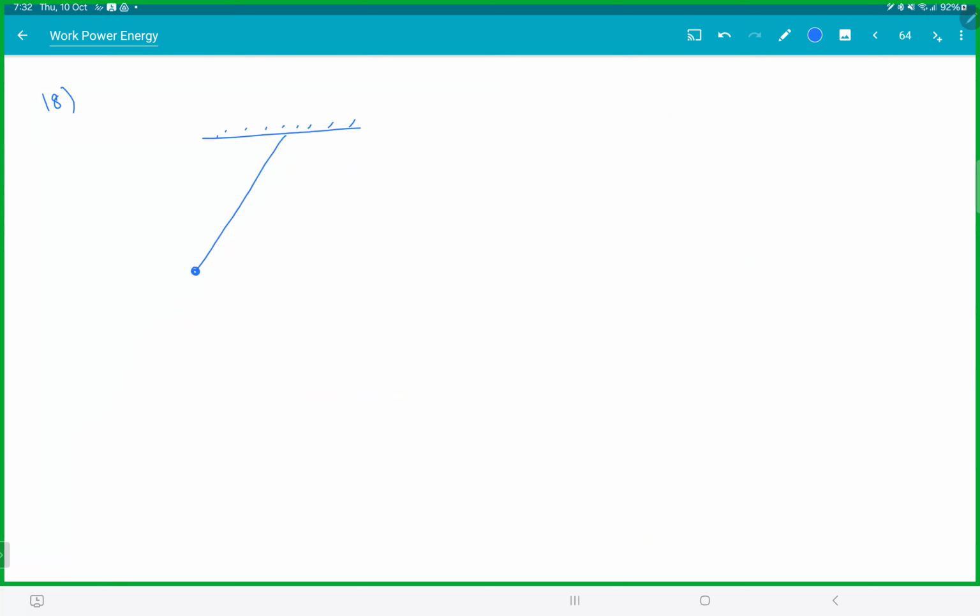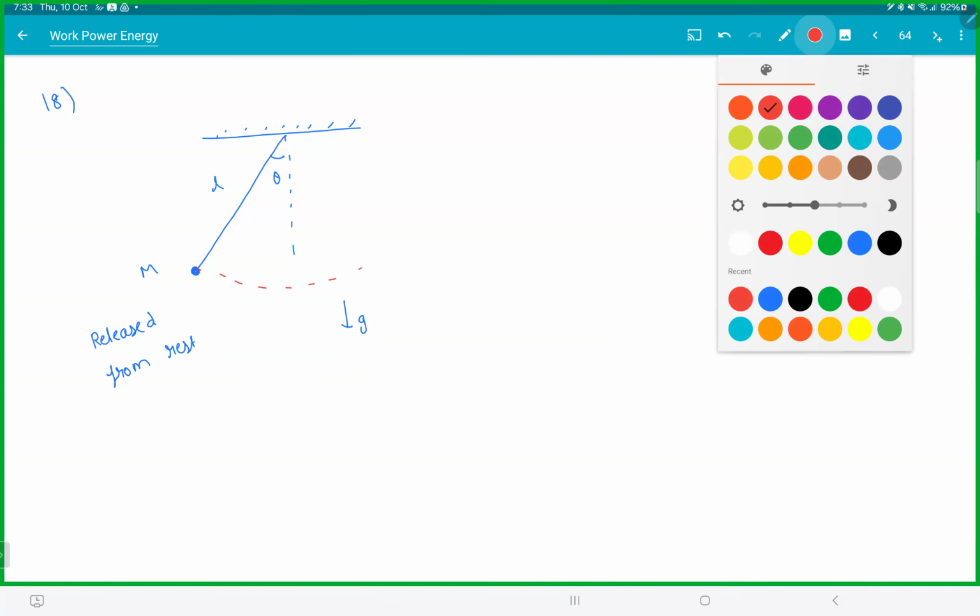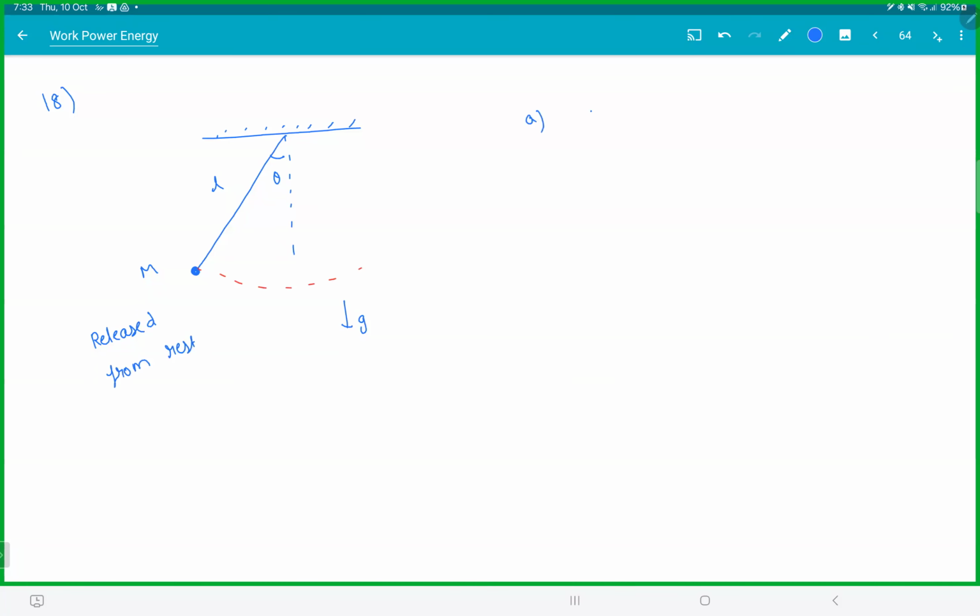We have a pendulum here. Mass m, length L, angle theta, gravity is there. This is released from rest. So this is going to swing. The first question: find the speed and the tension at the lowest position.